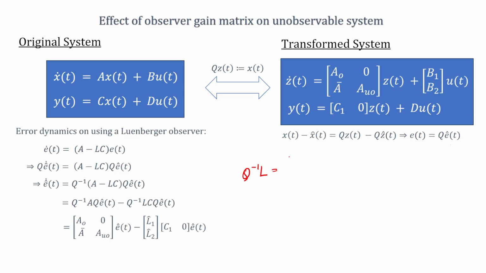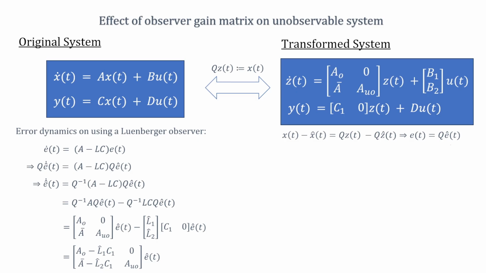Why can I write it in this form? Q inverse of L can be written as L1 hat and L2 hat, and we know that CQ is nothing but C1 0, and that is what is being written here. Now if I add these up, this is what I get.